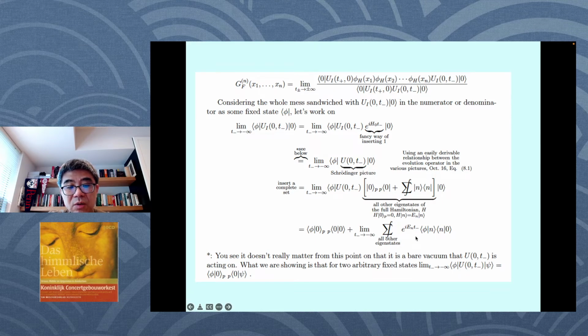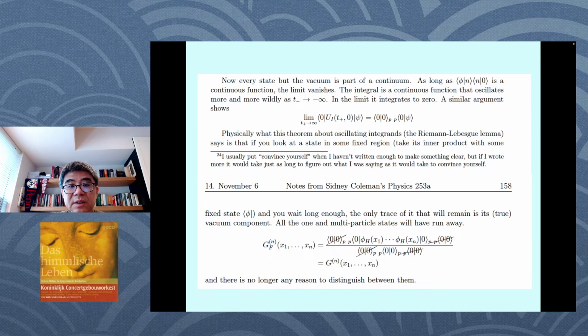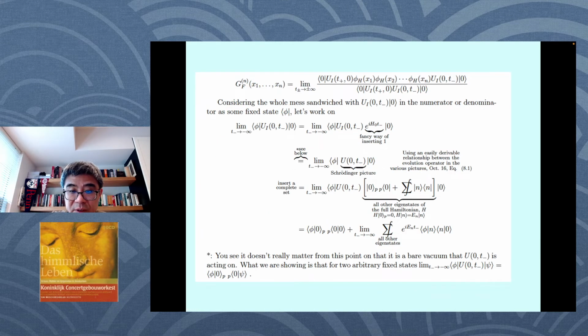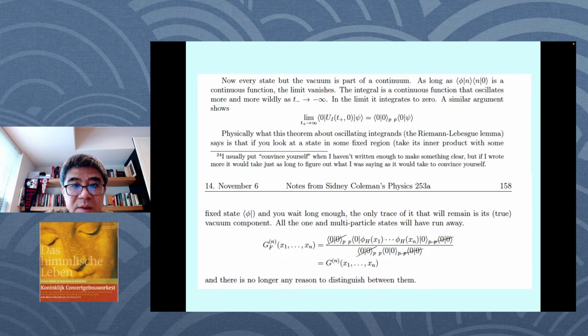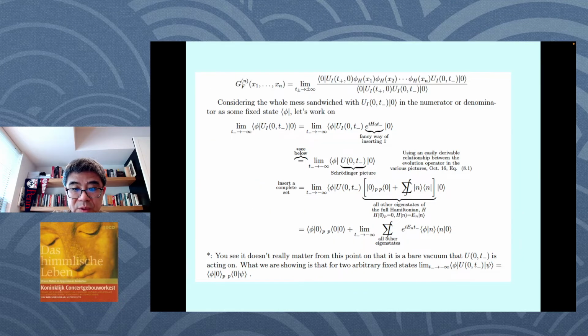Okay, so the key observation is that when you do this integration and let T minus go to infinity, then this exponential function, because it's an exponential function of an imaginary number, will oscillate.